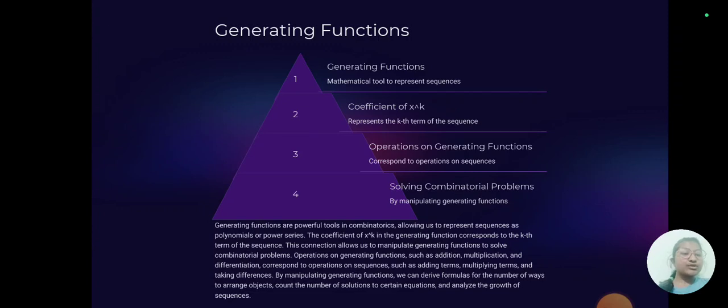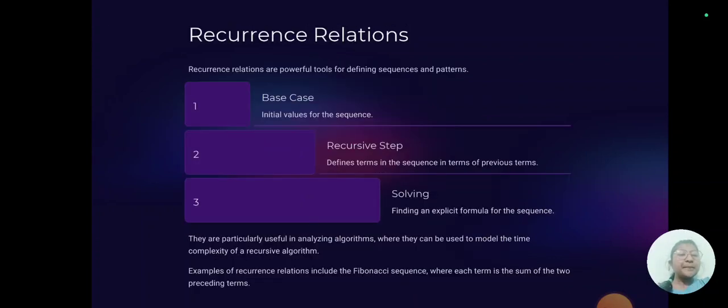This connection allows us to multiply generating functions to solve combinatorial problems. Operations on generating functions such as addition, multiplication and differentiation correspond to operations on sequences, such as adding terms, multiplying terms and taking differences.